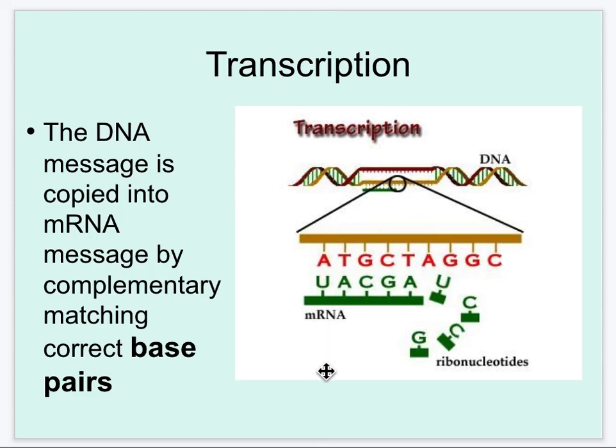And then you get the complementary base pairs from the mRNA to create a strand. So A goes with U. Remember, there's no T in RNA. T goes with A, G goes with C, C goes with G, T goes with A, okay?